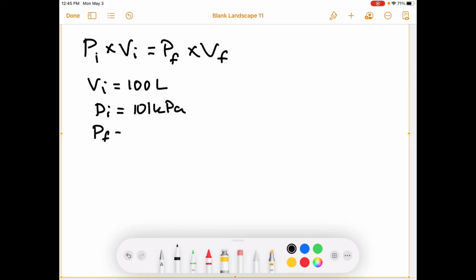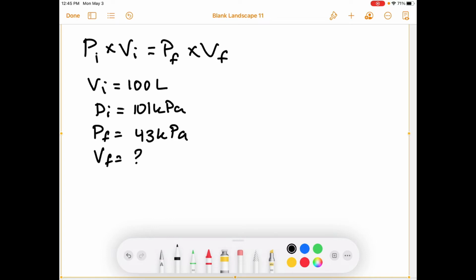They tell us the final pressure, which is 43 kilopascal. And they tell us we have to find the final volume. So, in order to do that, let's plug it into the equation.